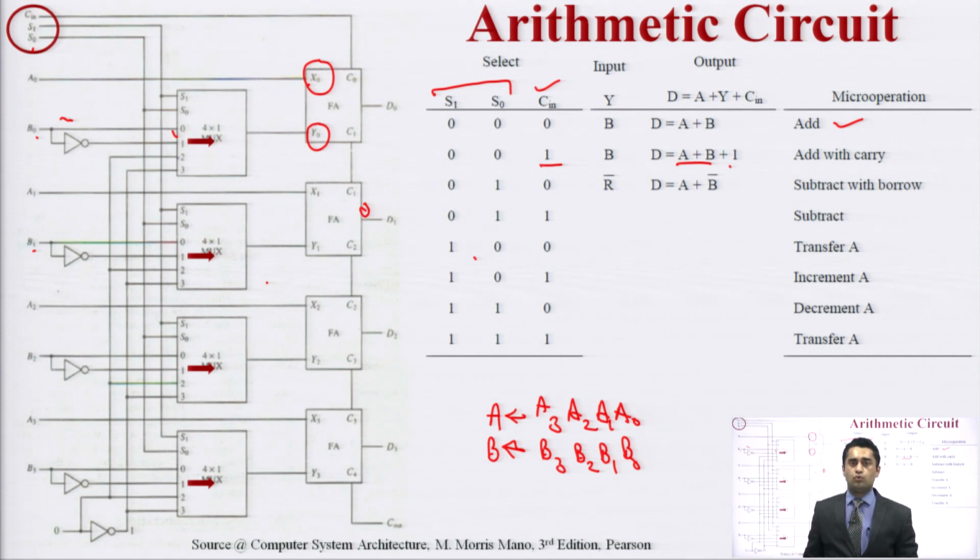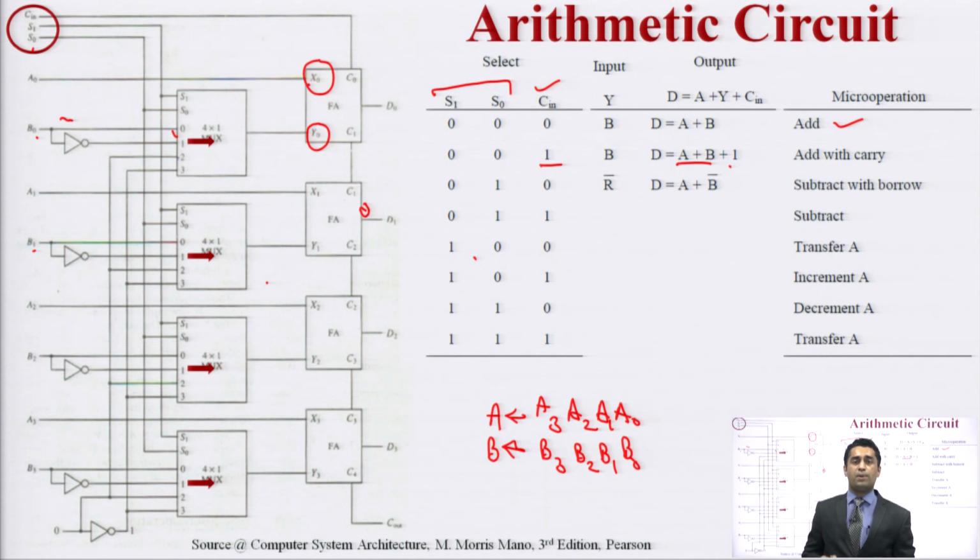Mux 1, mux 2, mux 3 and mux 4 all are giving the output as 1. 1 means a negation of the B bits. So if I pass a value B as 0 0 0 0, the output of the mux is 1 1 1 1, because an inverter, a not gate, is applied here.